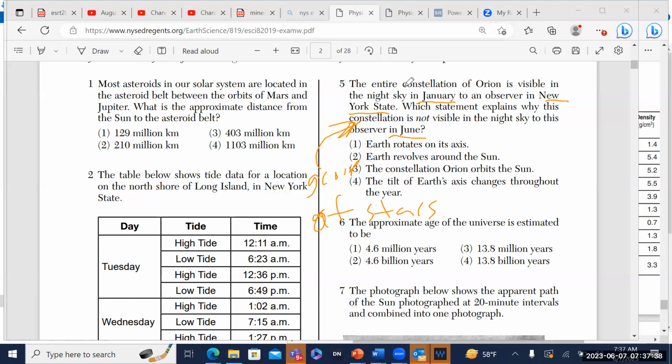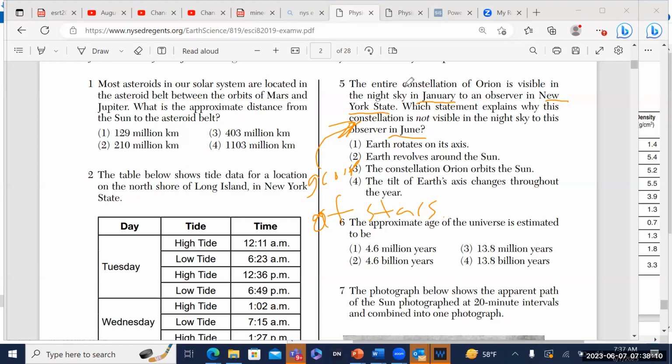All right? And we know that the group of stars that you see in the nighttime sky changes throughout the year. That's why, when you pay attention to those astrology signs, Aries, Cancer, Capricorn, all these different zodiac signs, they are given different months out of the year, because different constellations are seen throughout the year.